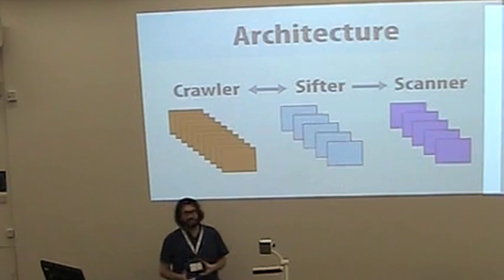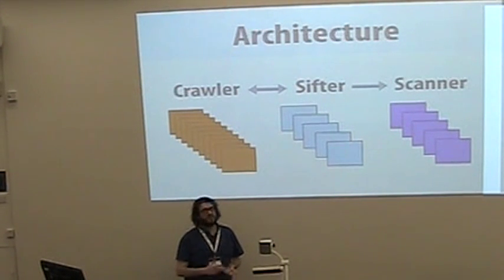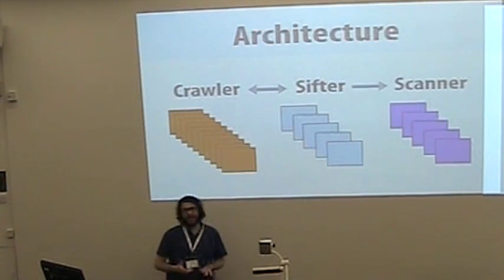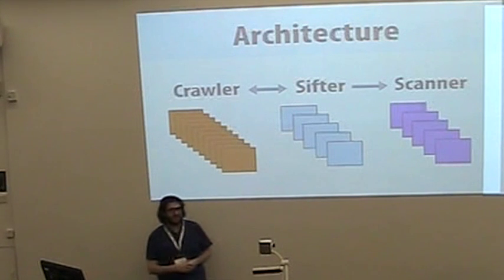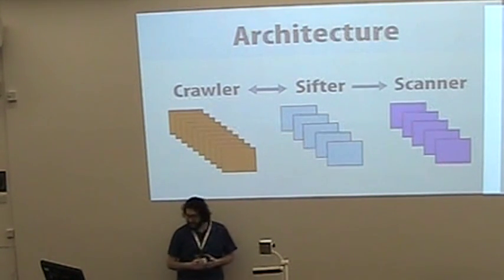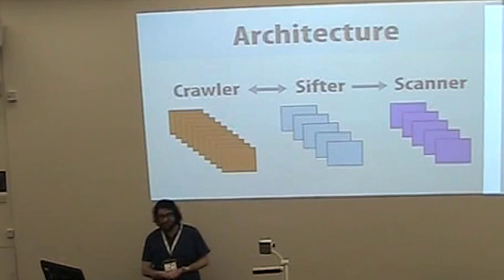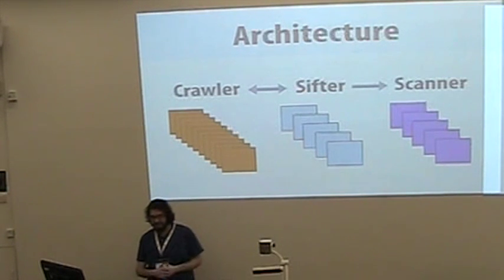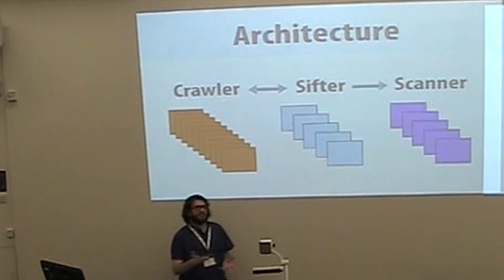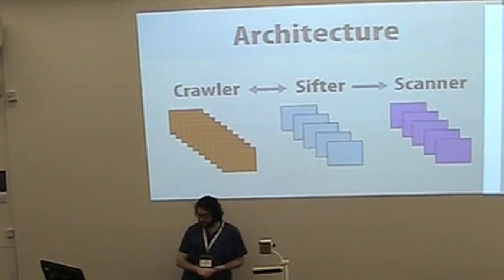So we have a smaller number of sifter processes that take work items from that queue, and a sifter looks at the data that was downloaded, takes appropriate action based on what sort of page it was, and what it actually contains. So if the thing we looked at was, for example, an index of debates in the chamber, it looks for any that we haven't seen before, creates new downloads for each one, and then queues them up for the crawler to fetch them.